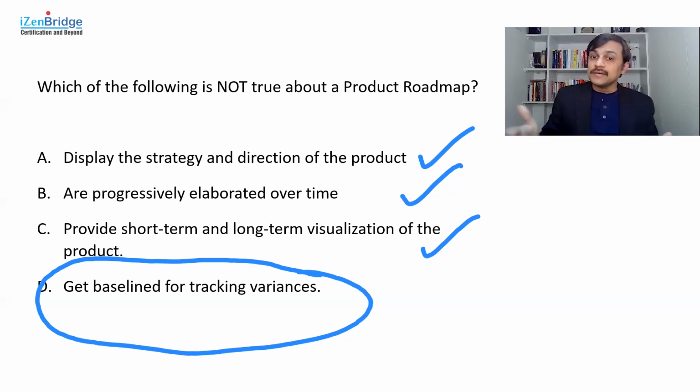So over a period of time, these things are going to be refined. So tracking them against the baselines or baselining a product roadmap and tracking it for a monitoring purpose may not serve much value for a team. So that's why we can pick up and say that this option is not true about the product roadmap.